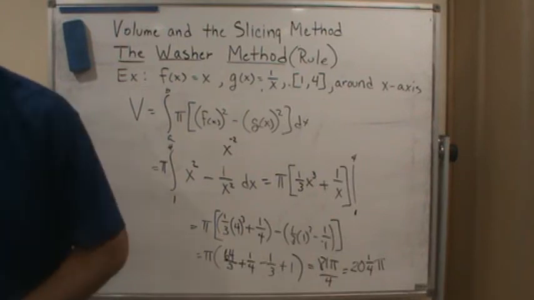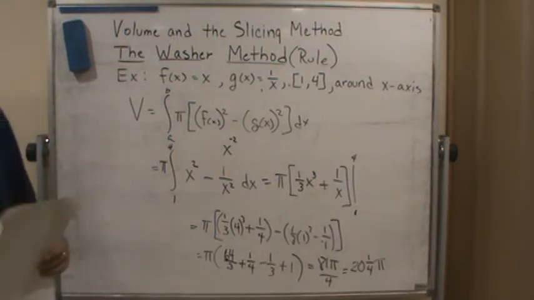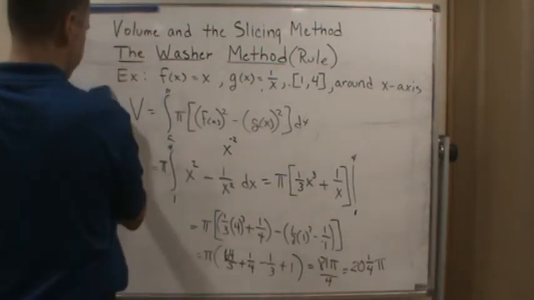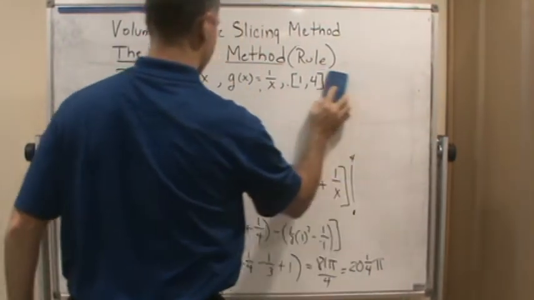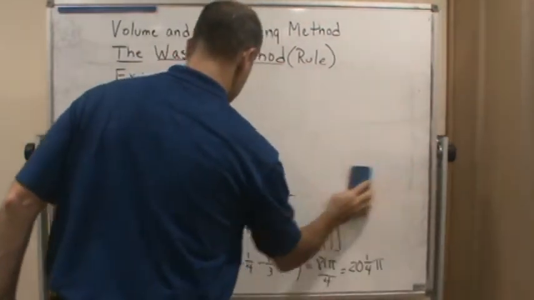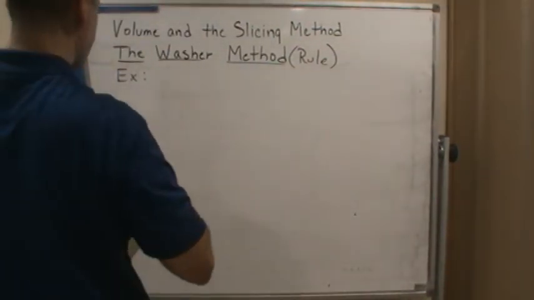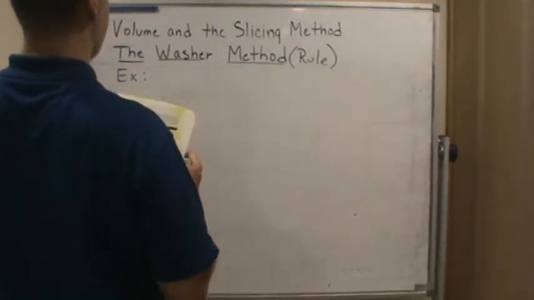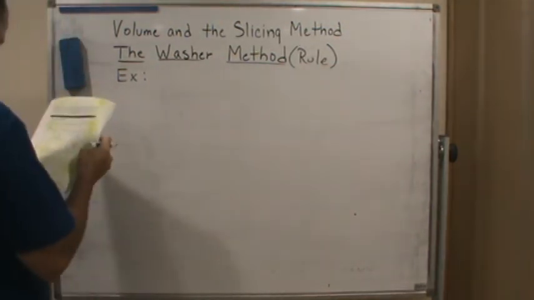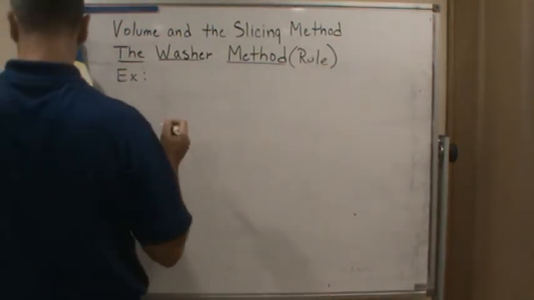And that's it. So here's one for you guys to try out. And as usual, let me know if you have any questions about the answer or if you get stuck.